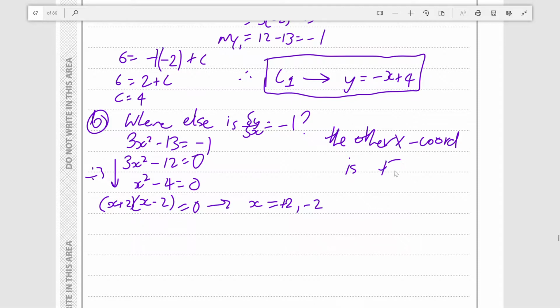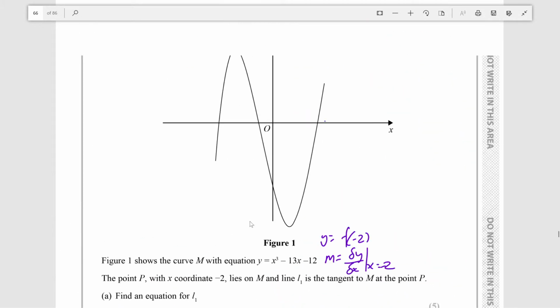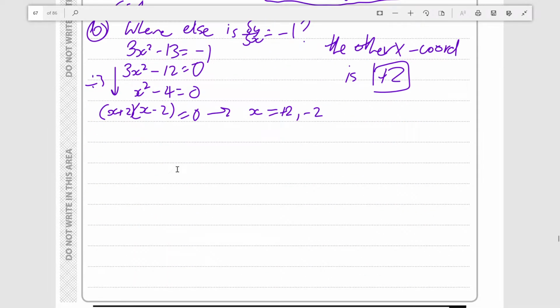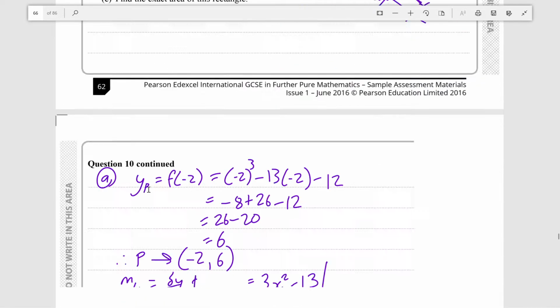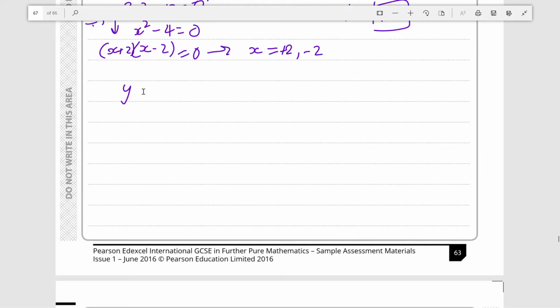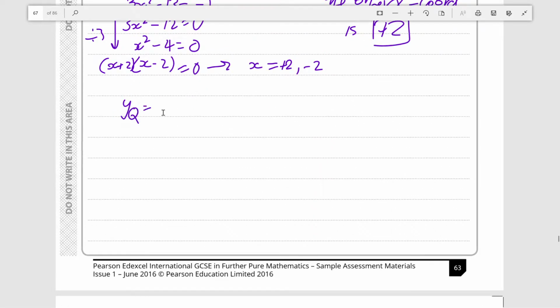is positive 2. Now we want to find an equation for L2, and so the y for the point Q is equivalent to f of positive 2, which is equal to 2 cubed minus 13 times 2 minus 12.